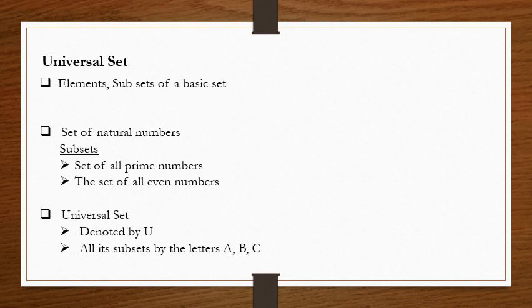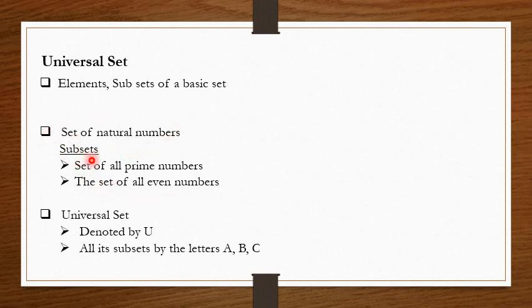Now we can discuss the universal set. Usually we take a basic set and subsets of that basic set which contain a common property. For example, while studying the system of numbers, we take the set of all natural numbers and its subsets such as the set of all prime numbers, the set of all even numbers, the set of all odd numbers, etc. So this basic set is called the universal set.